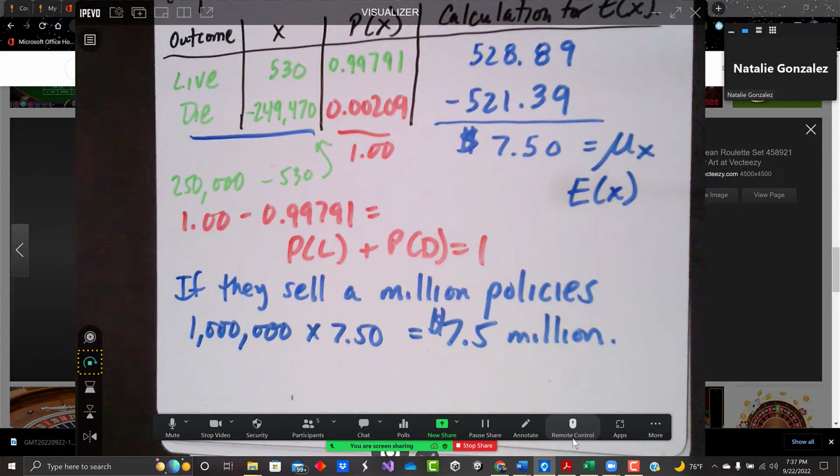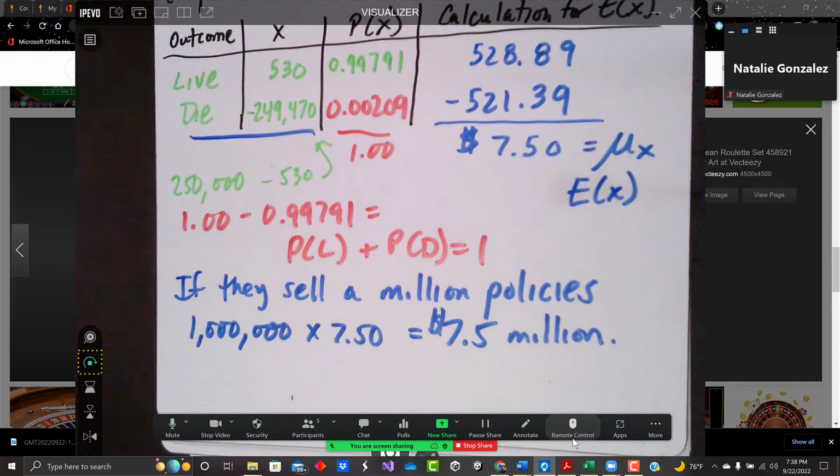So why is X for dying negative? Because it's from the life insurance company's perspective. They have to pay out money. That's a loss in their book. And when they get to keep the money, the 530, that's positive for them. So when someone dies, they have to pay out the life insurance policy, and they don't like doing that.